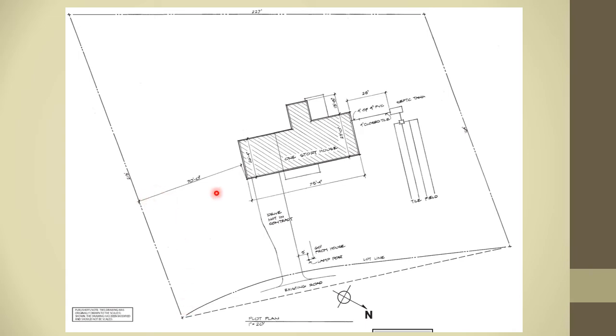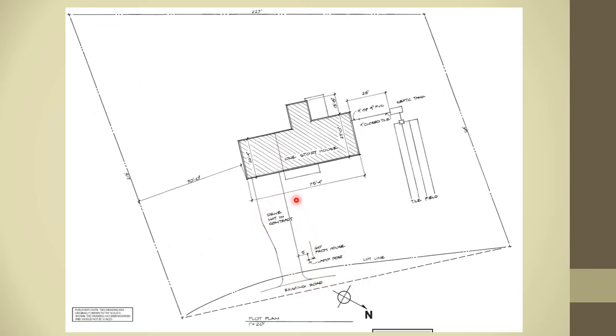It shows the location of this corner as 70 feet from this property line, but it doesn't fix the corner from any of the other property lines. So you don't know how far back this may be from the existing road.